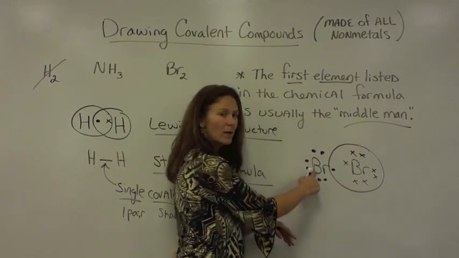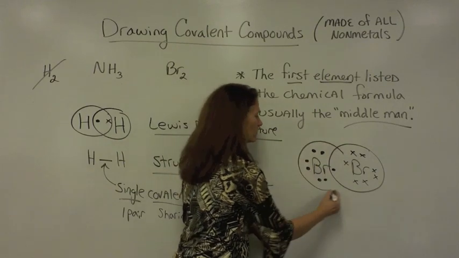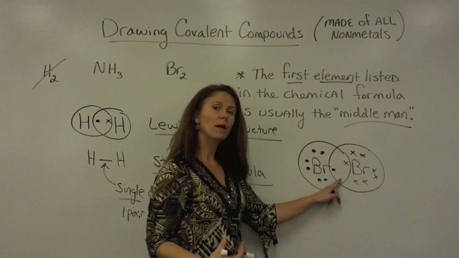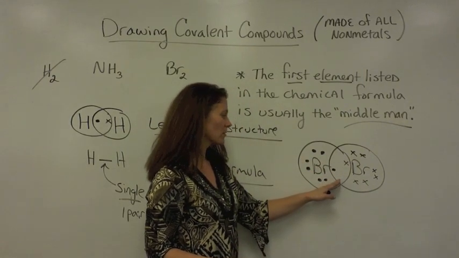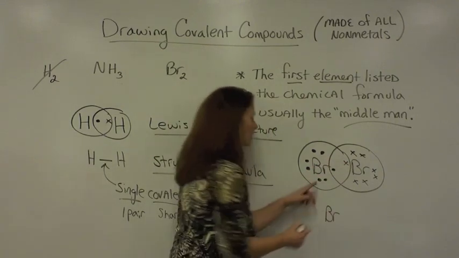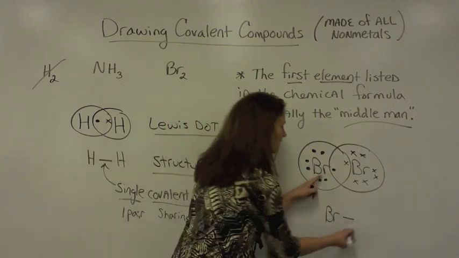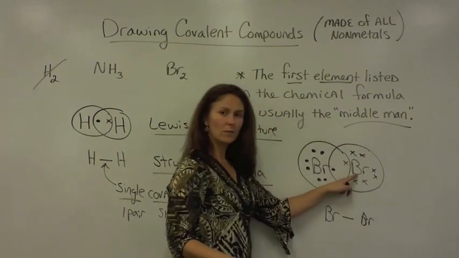So this bromine ends up having 1, 2, 3, 4, 5, 6, 7, and 8. So if we draw our circle around all of the octet electrons that the bromine has now achieved by overlapping the orbital, you have a bromine atom single covalently bonded to the second bromine atom.